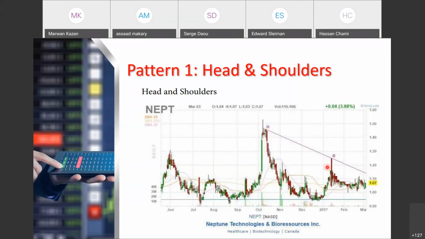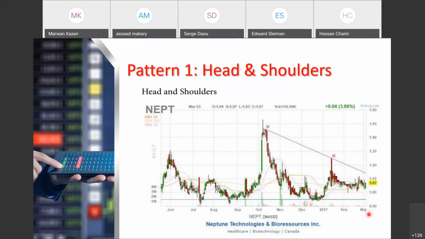Now, what does this tell us? Usually, after this pattern is seen, and also we have the neckline, okay, this is the neckline, the prices will go down. So after the right shoulder, the prices will continue and break the neckline, going down.